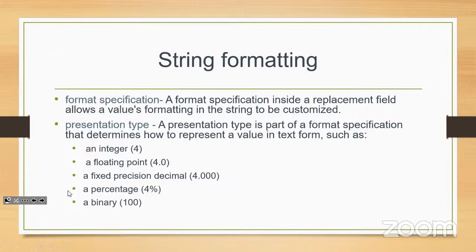So we have done some formatting, but we also have done some presentation stuff. The presentation things are more about how many decimal places are showing. How does it present to the user and to the screen or to whatever you're putting it to? Some examples are, you have an integer, it's just a whole number.